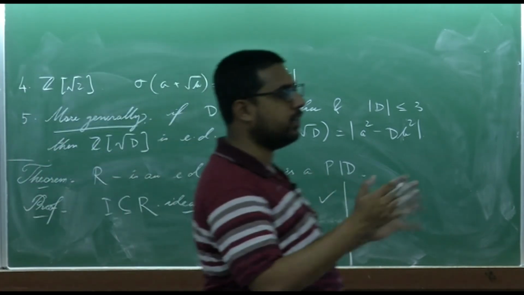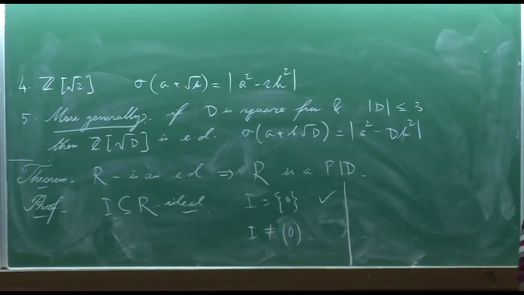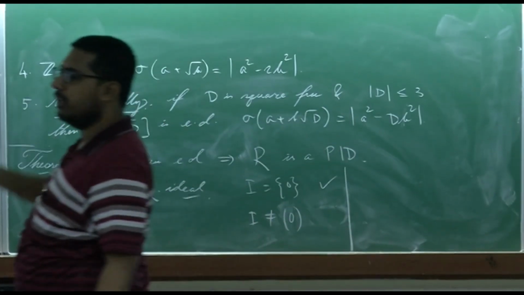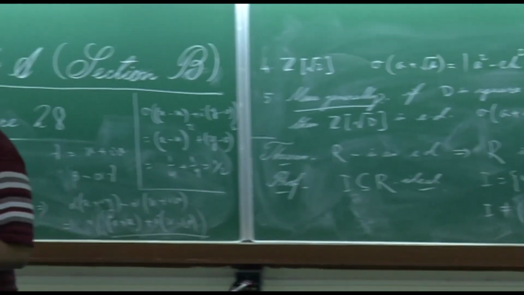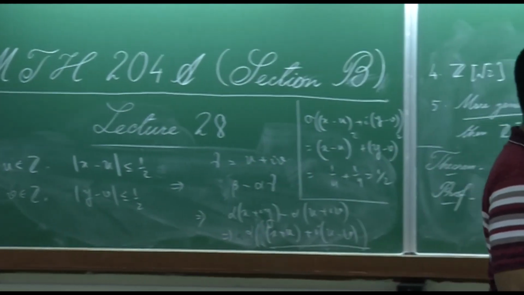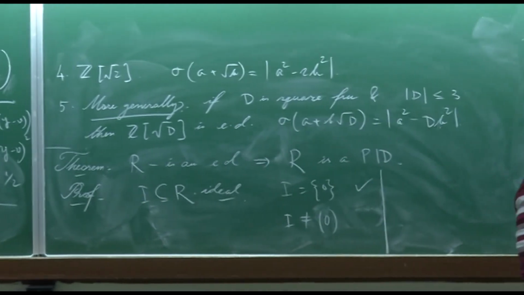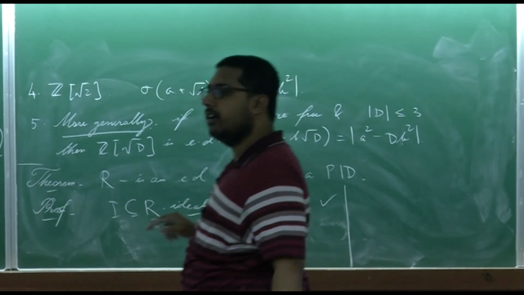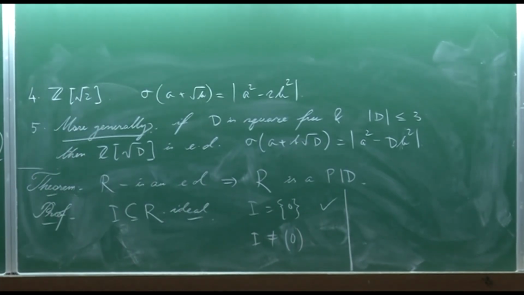If you look at their proofs, the proof is very similar. In case of Z, you take the least non-negative integer lying in that ideal. In case of polynomial rings, you take the polynomial lying in that ideal with least degree.